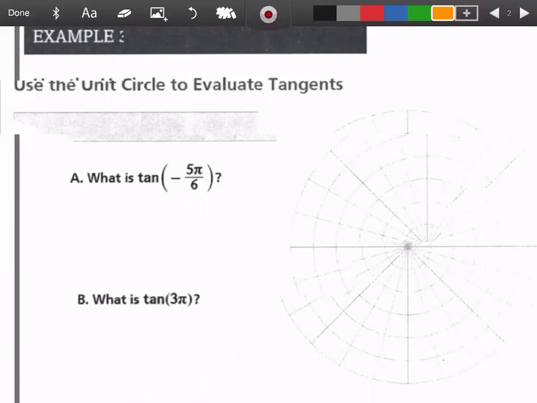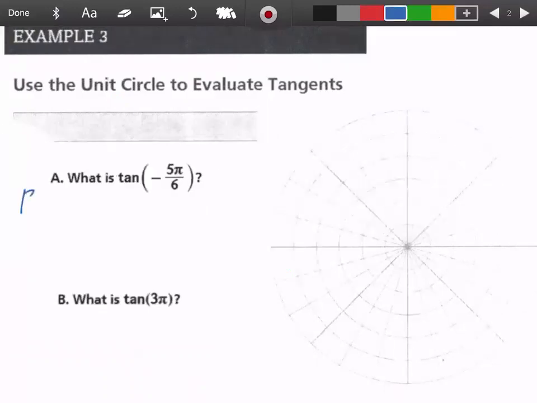So the reference angle, if it's in radians, we can look at the denominator. So the reference angle is pi over 6, which if we refer back to our unit circle, pi over 6 has a point of square root of 3 over 2, comma, 1/2.